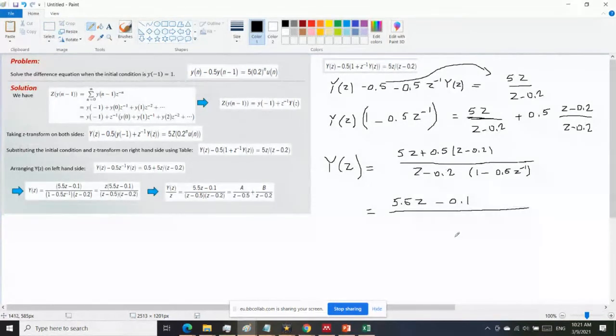Denominator: minus 0.2, we just distribute, and then plus 0.2 times 0.5, the same thing gives us 0.1, plus because minus minus gives plus, and z to the power of minus 1.